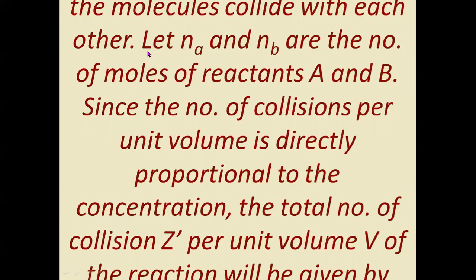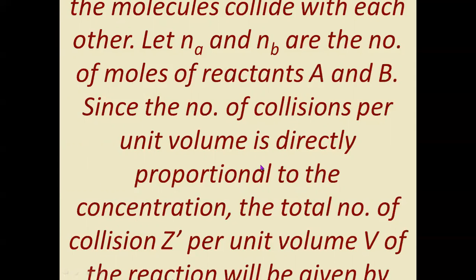Here, let Na and Nb be the number of moles of reactants A and B. Since the number of collisions per unit volume is directly proportional to the concentration, as the concentration of molecules increases, the number of molecules in the space available, or volume, will be more. So collisions will be more, or the frequency of collision will be more, and more product will form.